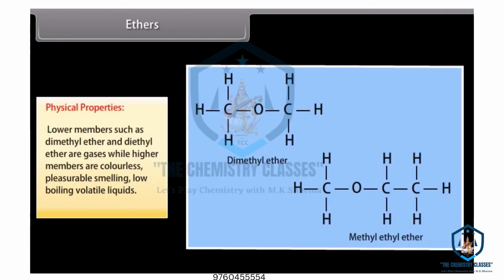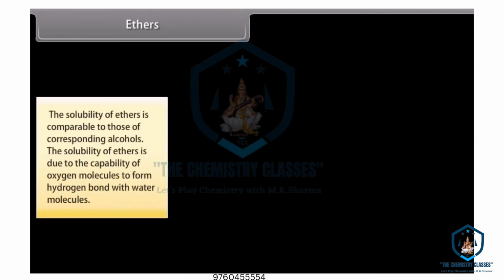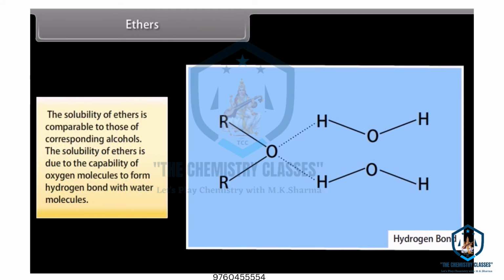Physical properties. Lower members such as dimethyl ether and diethyl ether are gases, while higher members are colorless, pleasant smelling, low boiling volatile liquids. The solubility of ethers is comparable to those of corresponding alcohols.